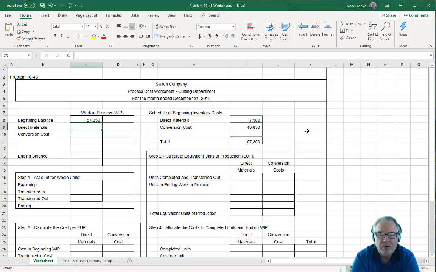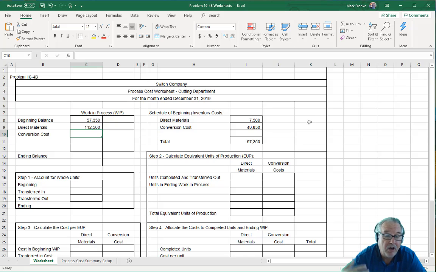The video that I posted about making ice cream cones and ice cream sandwiches, there's not a lot of labor involved. That was very machine oriented. So that means we can lump these two together to track them as a pooled amount of cost. That's why we're just using the word conversion cost, which includes both the direct labor and the factory overhead.